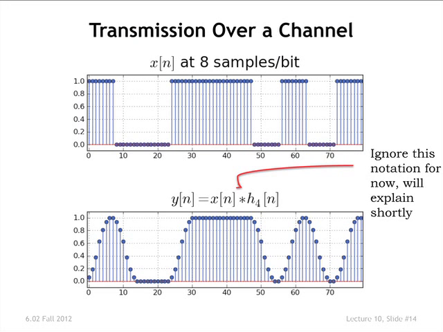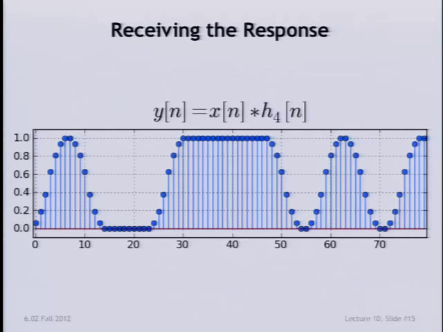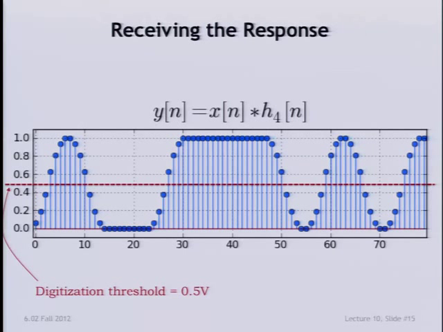Here's another example that has a more rounded kind of step response, but it's still the step response we're looking at. So here's the input step, and here is the response to the step. Again, there's this notation, and I've said ignore this for now. We'll explain it shortly. Okay, and once you've got the step response of the output, you're ready to start thinking about how you'll detect whether it was a 0 or a 1 that went in.